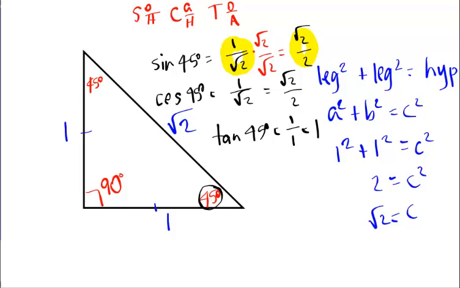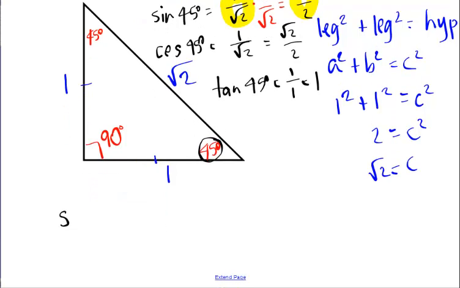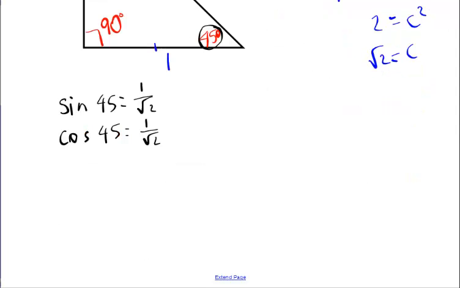So there's your right triangles, and there's all your guys. Well, so I know that the sine of 45 is 1 over the square root of 2. I know that the cosine of 45 is 1 over the square root of 2. I know that the tangent of 45 is 1.